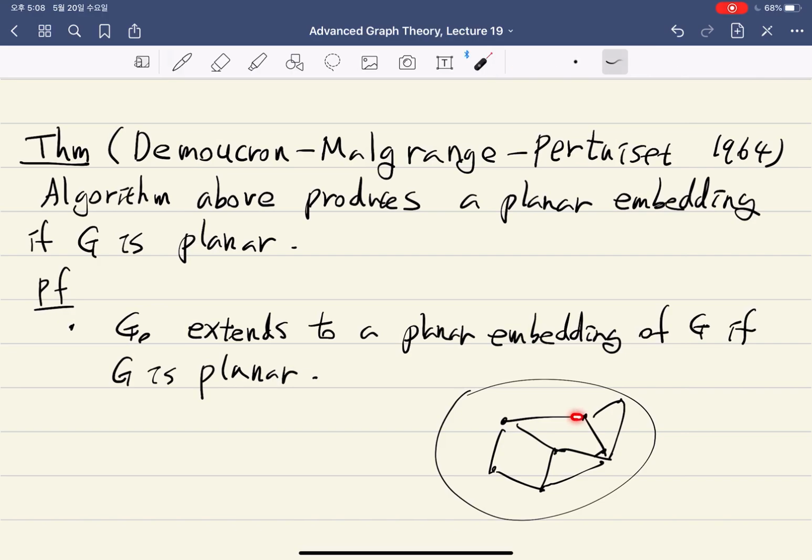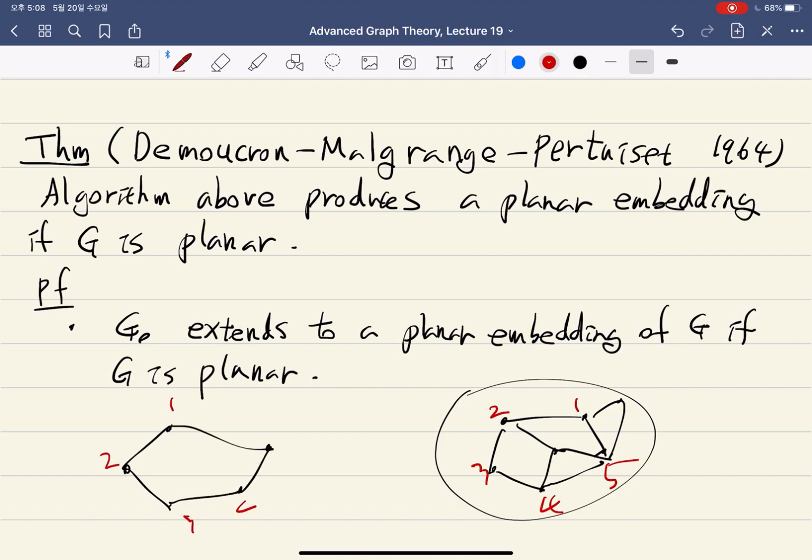Let's say this is the cycle, and it is embedded in here. It could be embedded, say, 1, 2, 3, 4, 5. If you embed this G0 in an arbitrary way, it's either 1, 2, 3, 4, 5 in clockwise or counterclockwise.